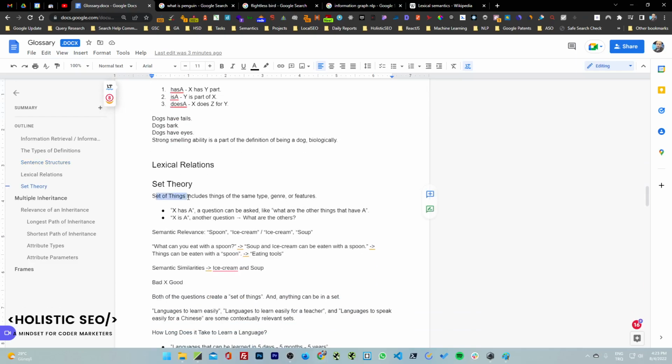The set includes things of the same type, genre, or features. When you say "X has A," a question can be asked like, what are the other things that have A? When you say "X is A," another question can be, what are the others again?